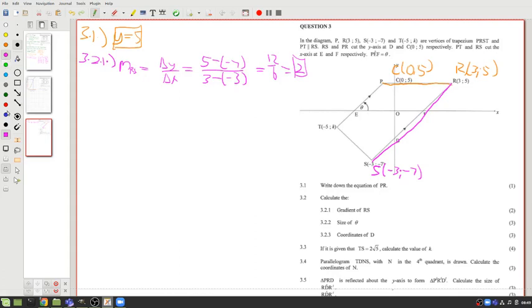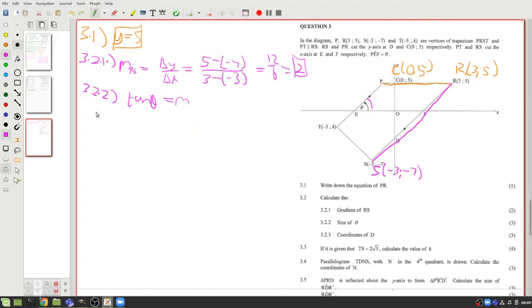3.2.2, I'm going to do the whole 3.2 in pink here. So 3.2.2, the size of angle theta. Okay, so this angle here, that is theta, and we know that tan of the angle that the line makes with the positive x-axis is equal to its gradient.